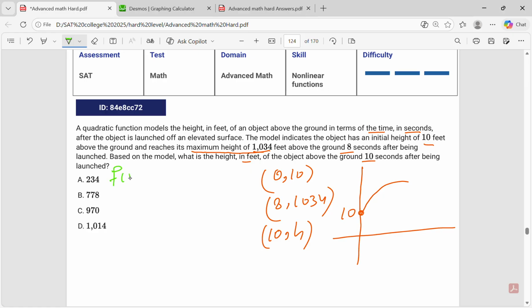That is y or f of x is equal to a times x minus h square plus k. Now the vertex is 8, 1034, so it will be a times x minus 8 square plus 1034. Then if you substitute 0, 10, you will get the value of a. So f of x is 10 and x is 0.